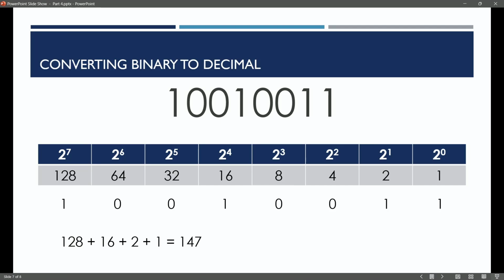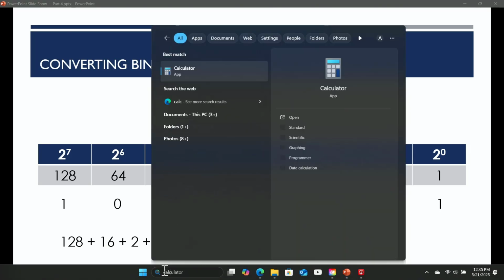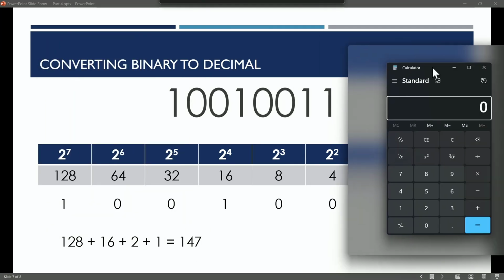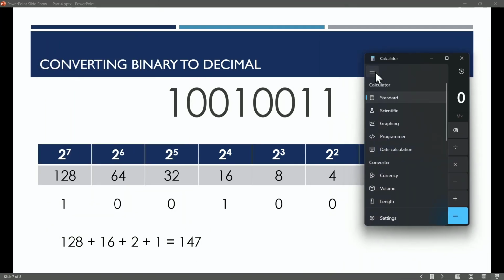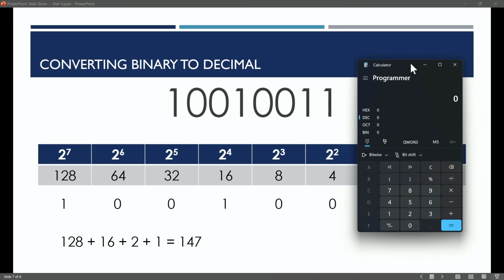Now, as you are practicing this skill, how can you check your work? Well, that is very easy to do. Just bring up a calculator in your favorite operating system and set the calculator to either a scientific, or even better, if your calculator offers it, a programmer view. And watch this.